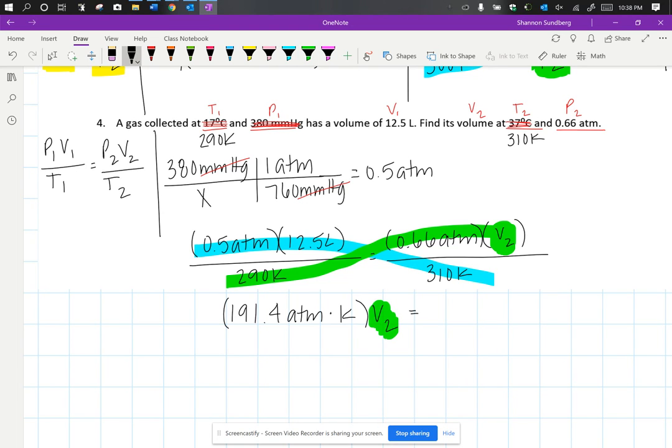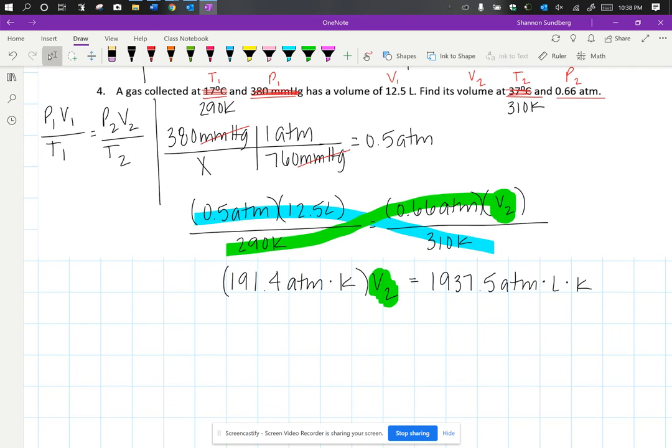And then in your calculator for the blue stuff, you should multiply 0.5 times 12.5 times 310. When you do that, you will get 1,937.5. And I'm going to write all my units. ATM times liters times Kelvin. This should look familiar. How do I get V2 by itself?